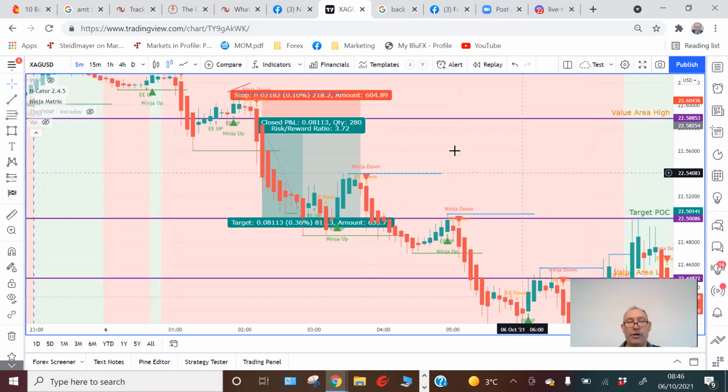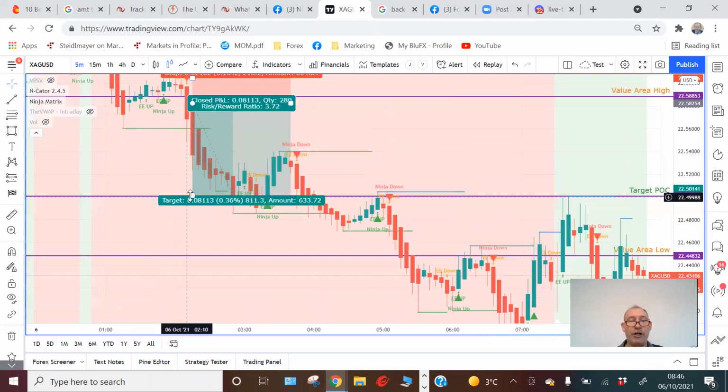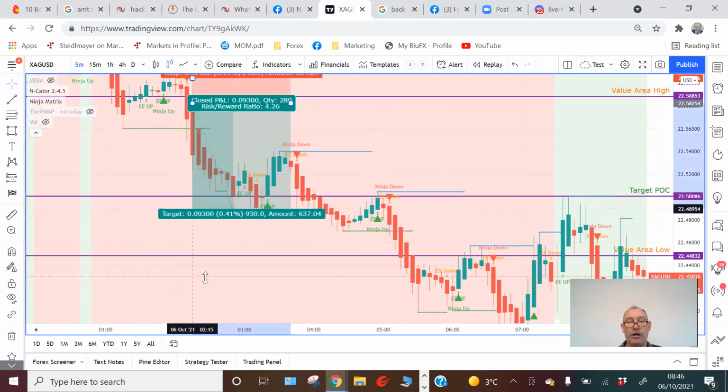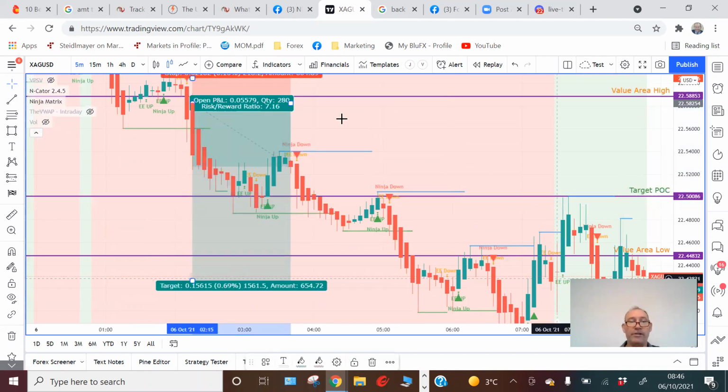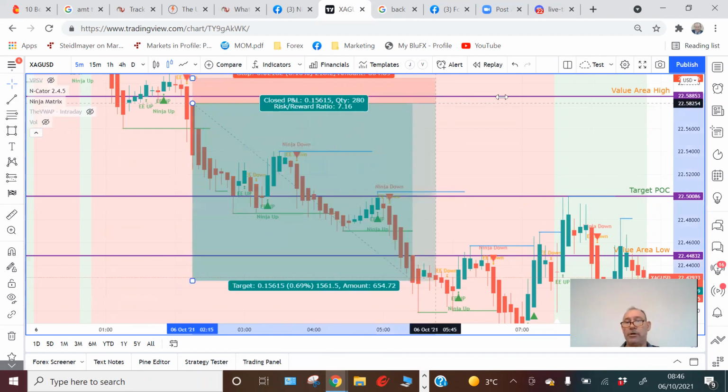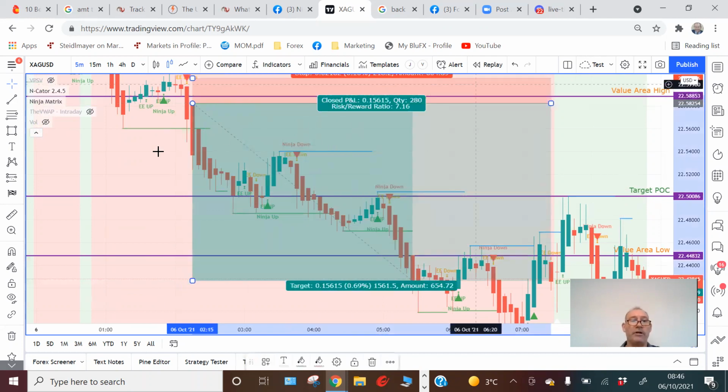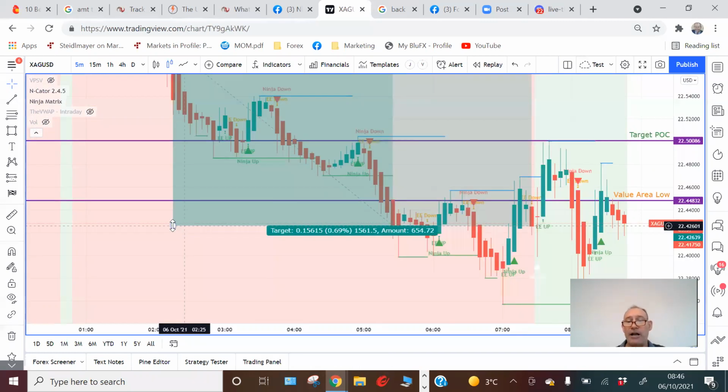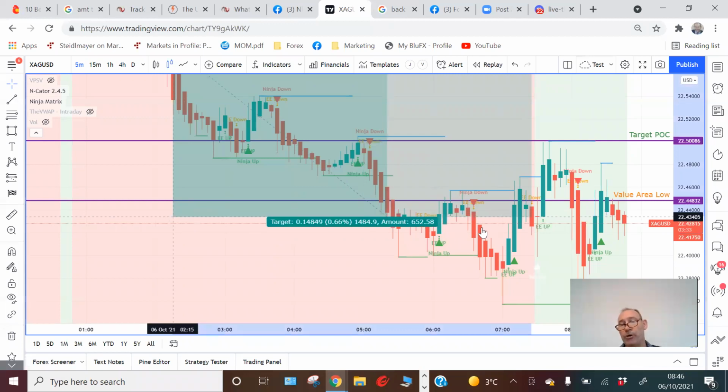Yep, thank you. So let's say we chose to stay in the trade because we want to get as much out of this as possible. One of the reasons for the matrix is it's really useful to help people stay in the trade longer. At this point, when it goes green, it's either going to go up or down. I'm just going to take it in the middle for just now.